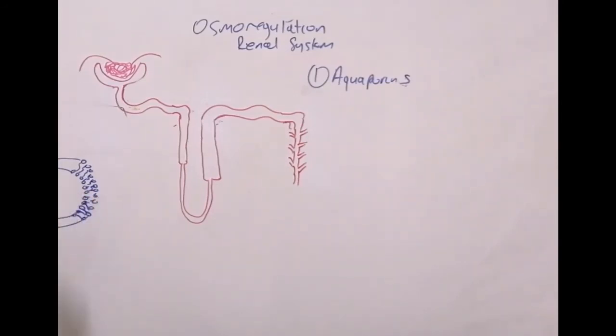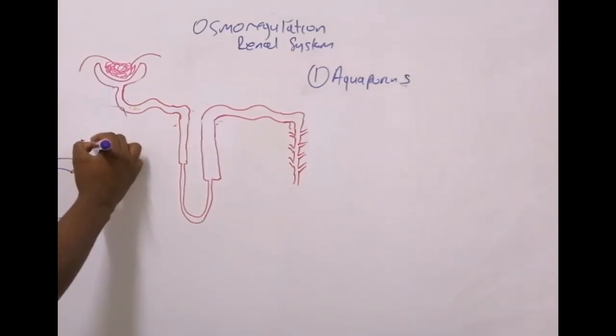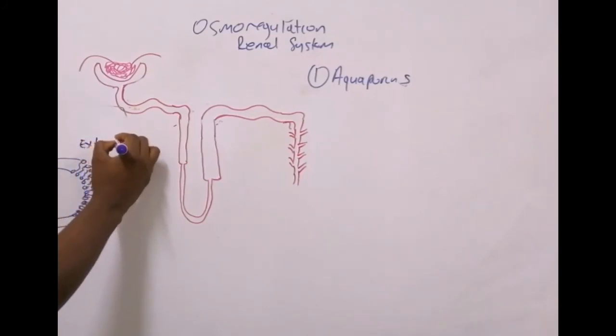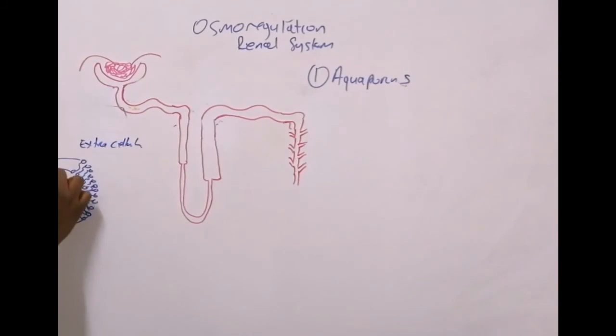All cell membranes have a bilipid layer. The bilipid layer separates the extracellular from the intracellular.